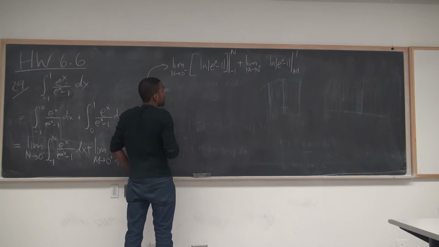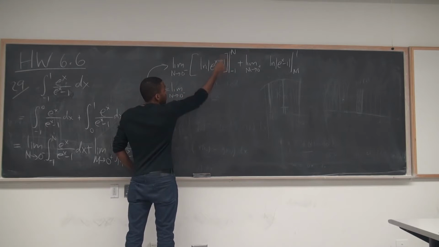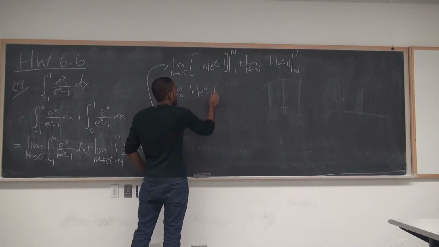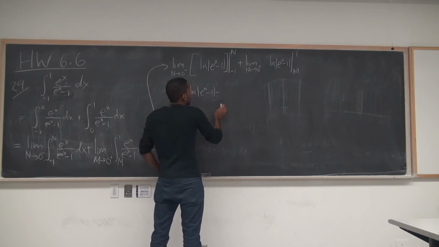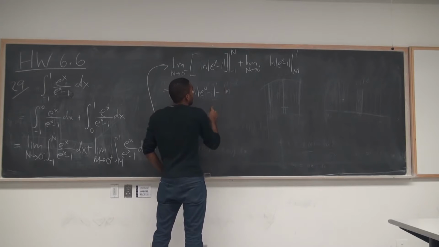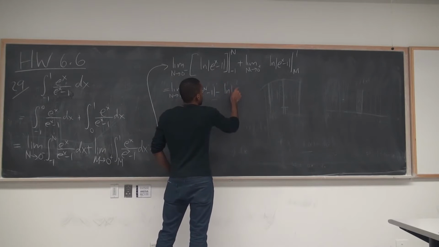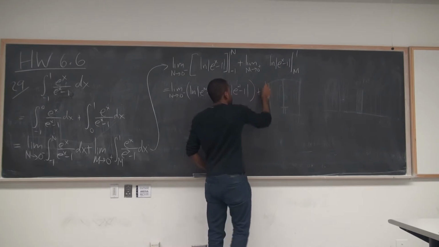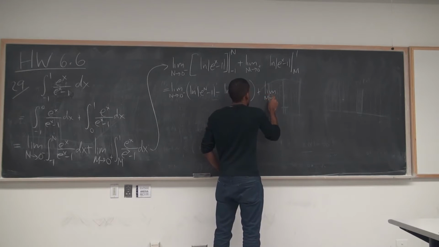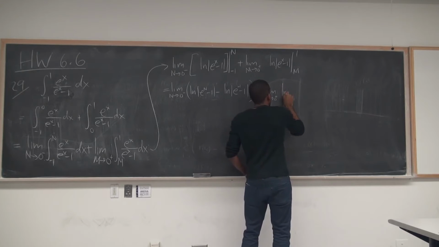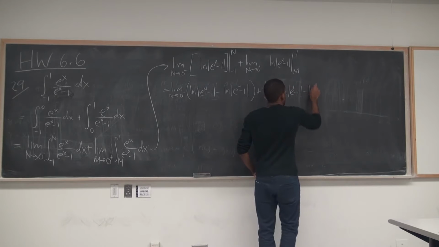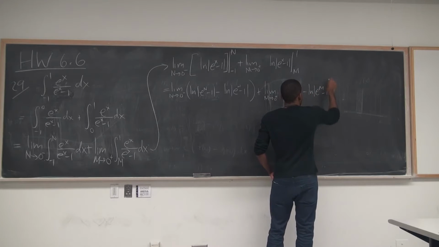So what happens when I start to, well, I have to plug this in first. Plug in n, so this is ln of e to the n minus 1 minus, if I plug in -1, I get ln of e to the -1 minus 1. Ln of e to the 1 minus 1 minus ln of e to the n minus 1.